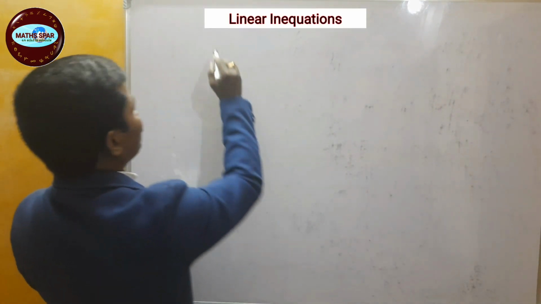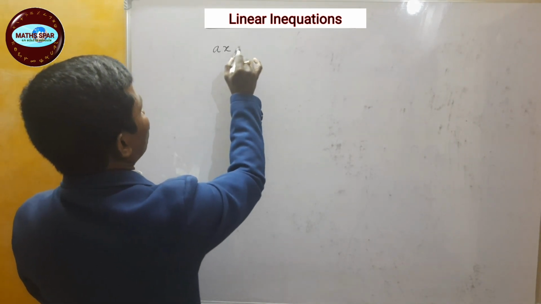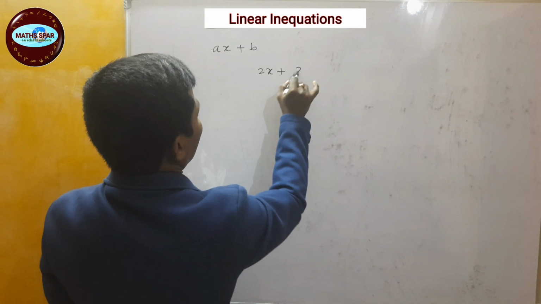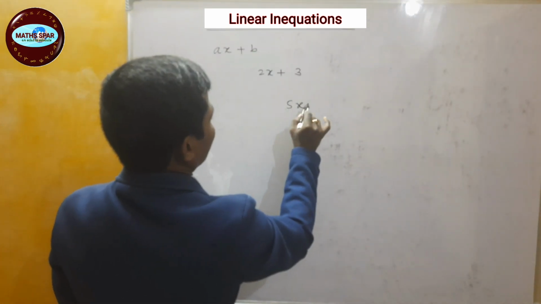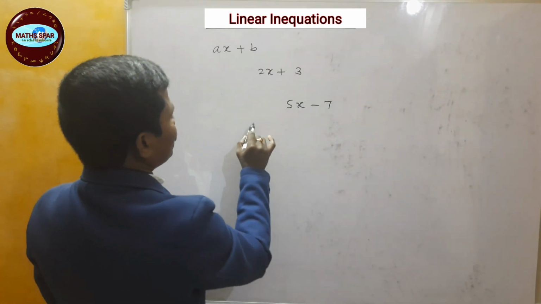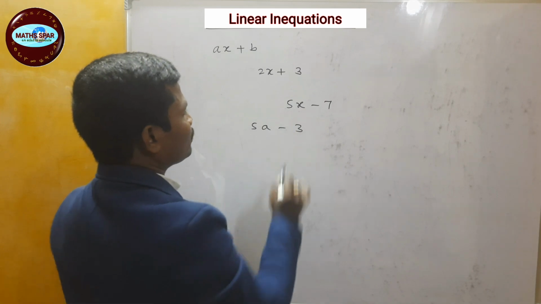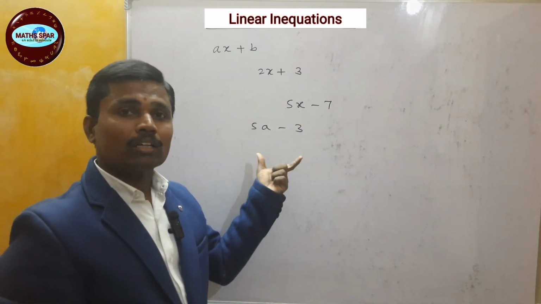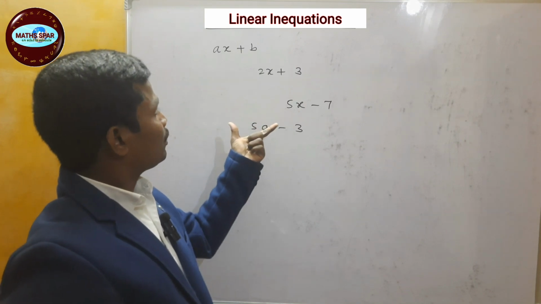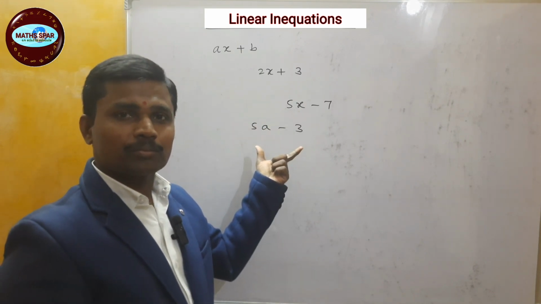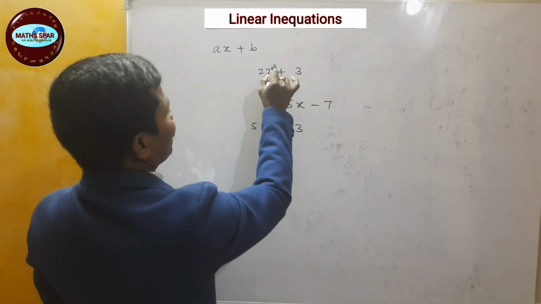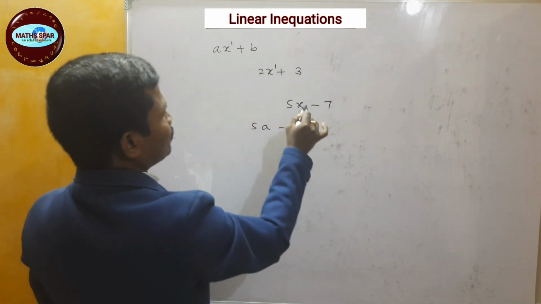Any statement which is in the form of ax plus b, or 2x plus 3, or 5x minus 7, or 5a minus 3. These types of expressions are called linear expressions, that is, expressions having the highest power of the variable as 1.